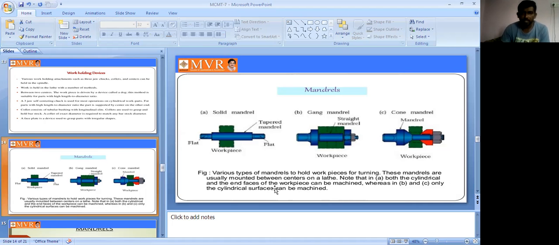Both the cylindrical surface and the end faces of the workpiece can be machined with the solid mandrel, whereas with B and C, the gang mandrel and cone mandrel, only the cylindrical surface can be machined.